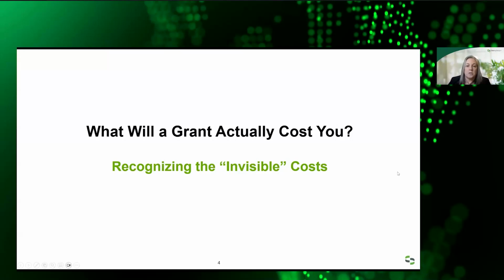Your knowledge of these hidden or invisible costs can help you understand how to sustain your grant. And even if you can sustain that grant, what is this going to cost you to implement it? How can you follow these requirements? Do you have the funding, and what other aspects of cost may prevent you from actually complying with your grant requirements?